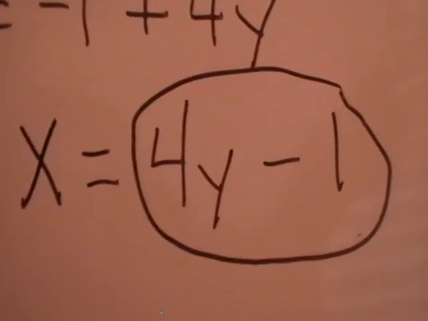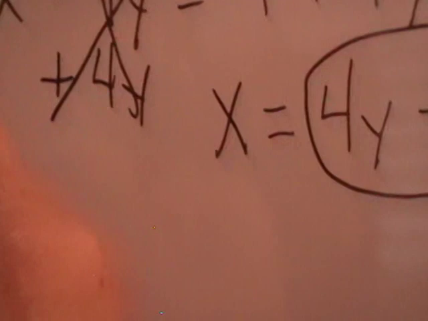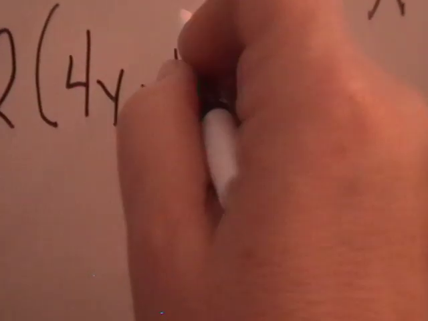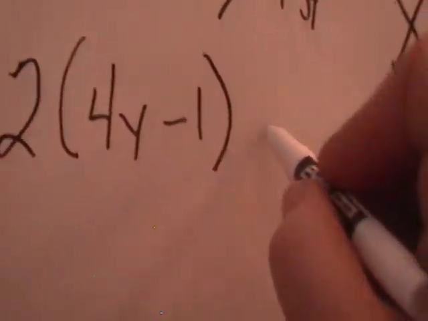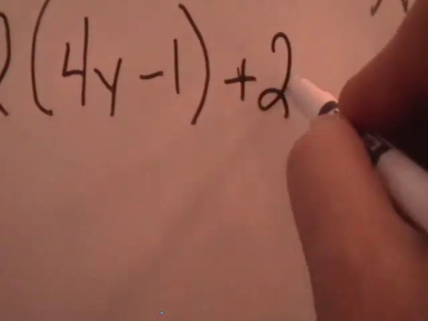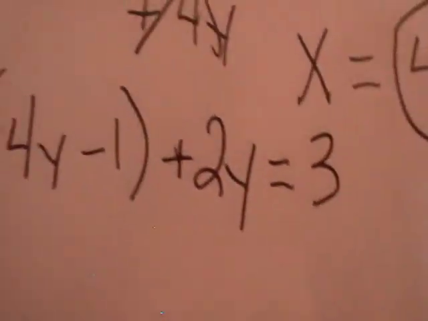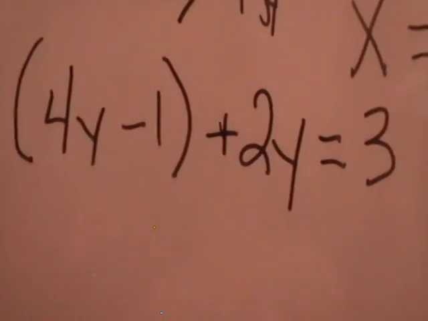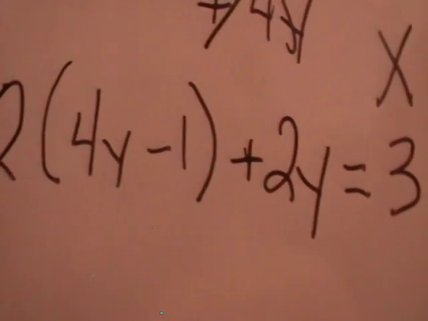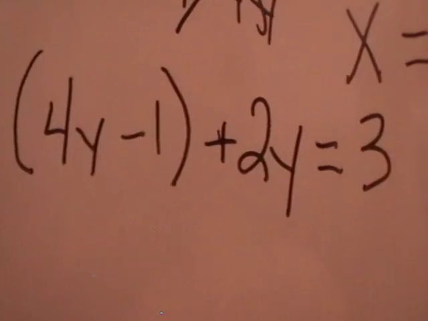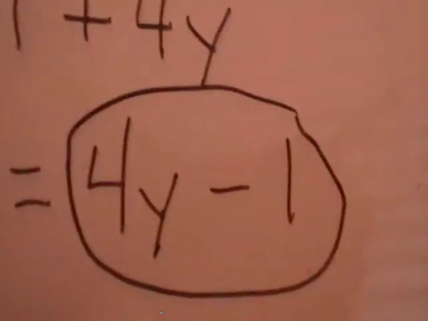What does x equal? 4y minus 1. So I'm just going to put 4y minus 1 plus 2y and equals 3. Okay, 4y, because there's the 2 in parentheses. What does x equal?